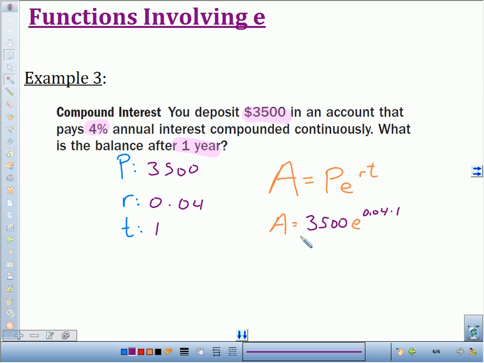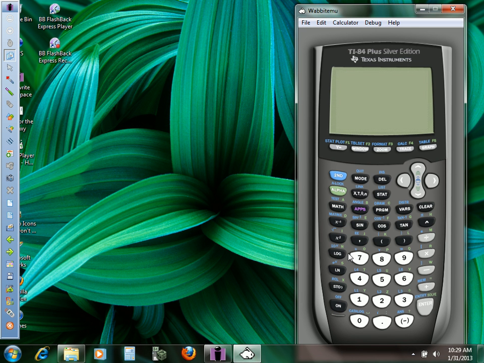And we can type this directly into the calculator, which will give us our value for A. So let's do that. We go to our calculators, main screen, and we type it in. 3,500 times e, again we use second ln to get e to the exponent here. Our exponent is 0.04 times 1.